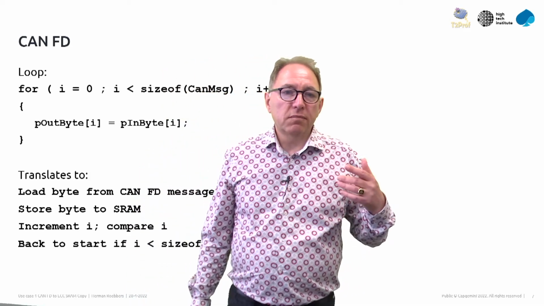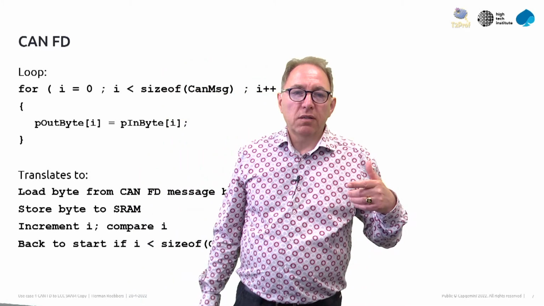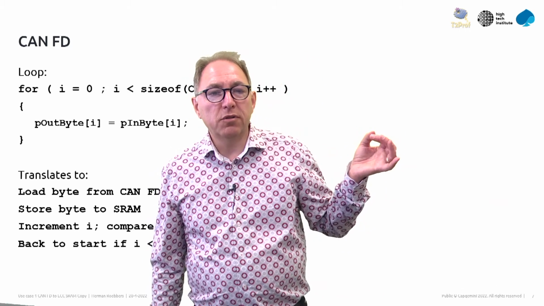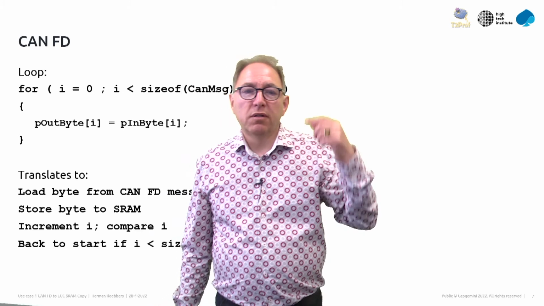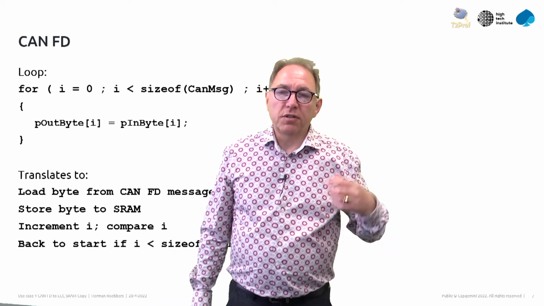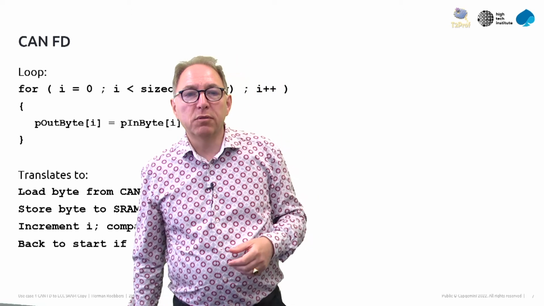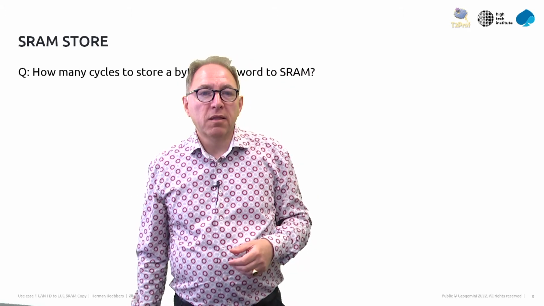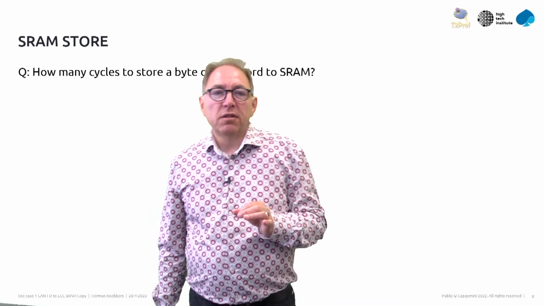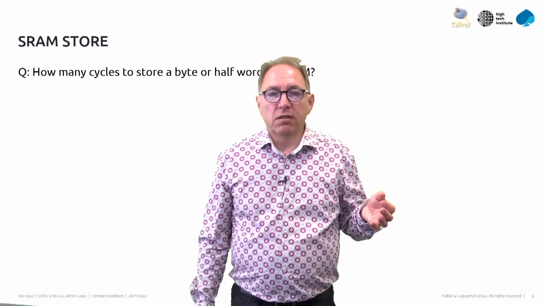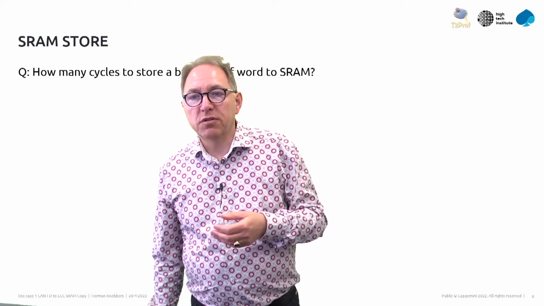Effectively we read a byte, store it to RAM, increment the address, check if we're at the end of the message, and if not, go back to the start of the loop. The interesting question is how many cycles it takes to store a byte or 16-bit word into SRAM.